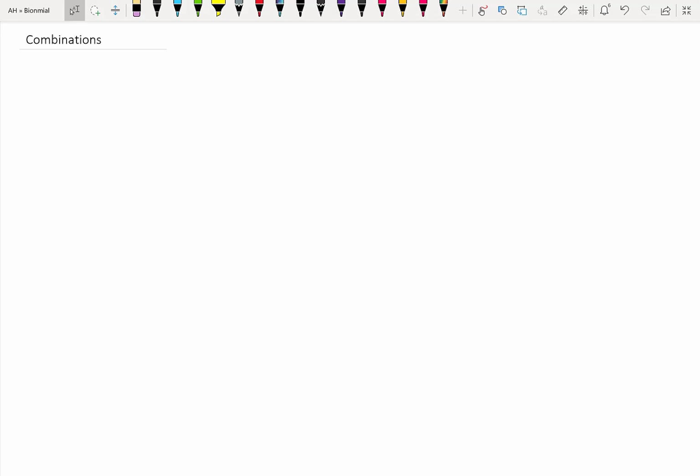Okay, so here we're looking at combinations, denoted nCr, and these work in a similar way to our permutations from before, they're just slightly different.